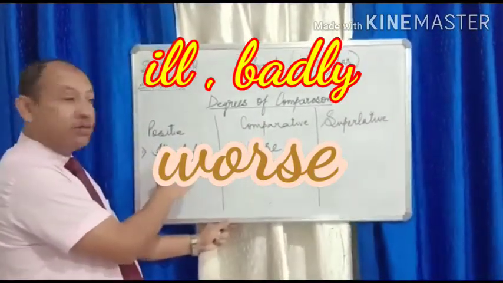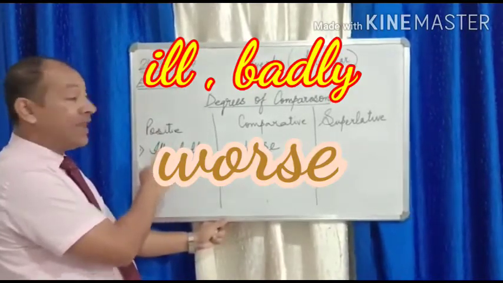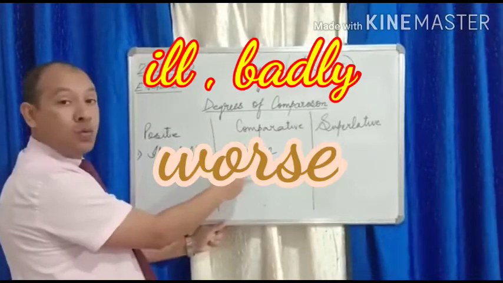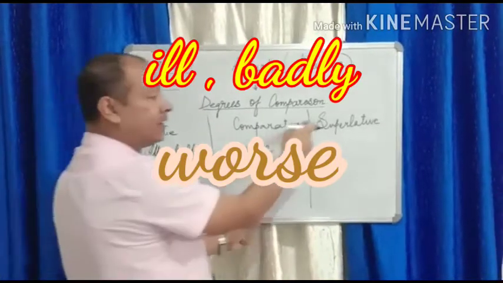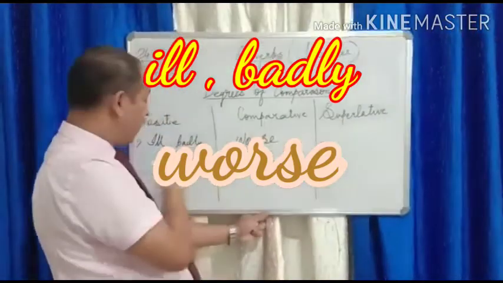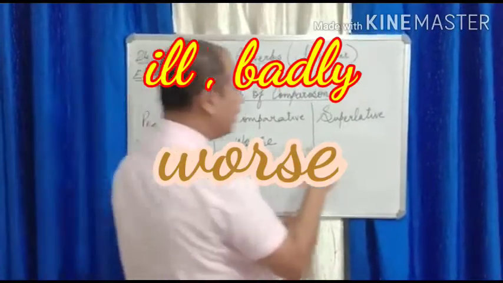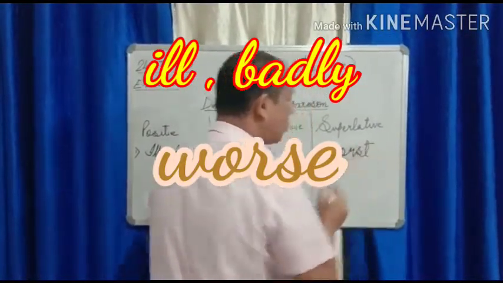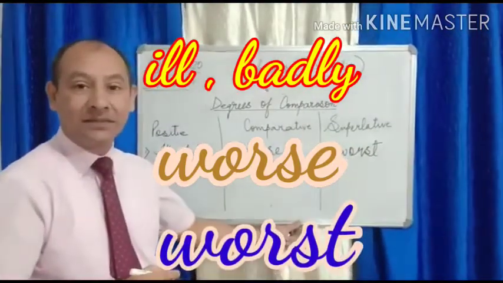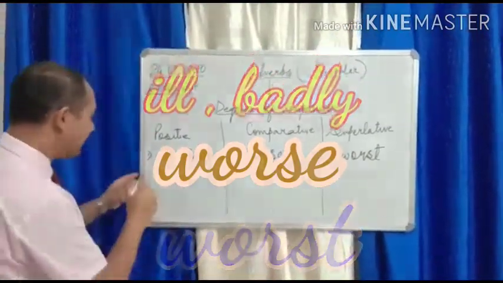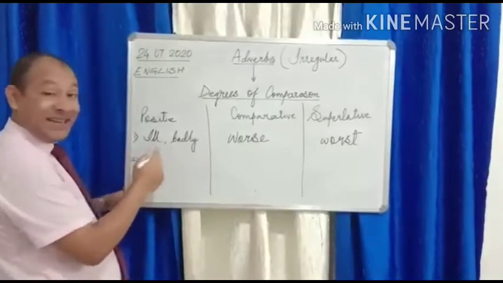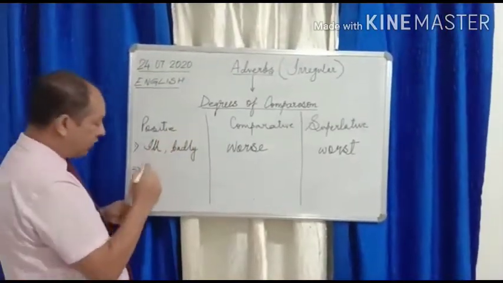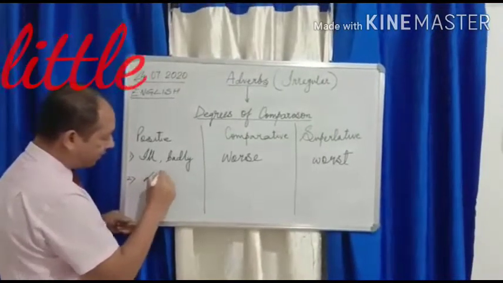Ill or badly, which is the positive irregular form of adverb, to make it a comparative form, it becomes worse. To make it the superlative form of ill or badly, it becomes worst. Look at the next example. Second example, say we take an irregular adverb, little.